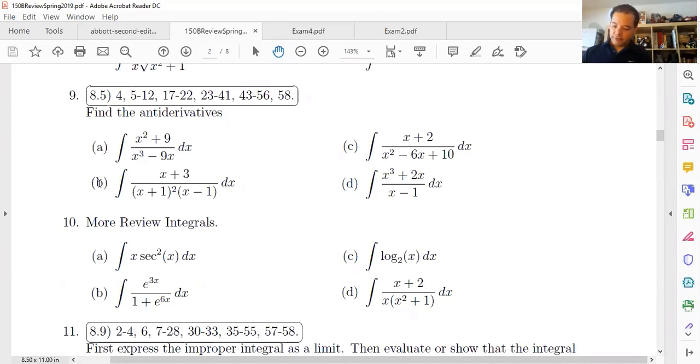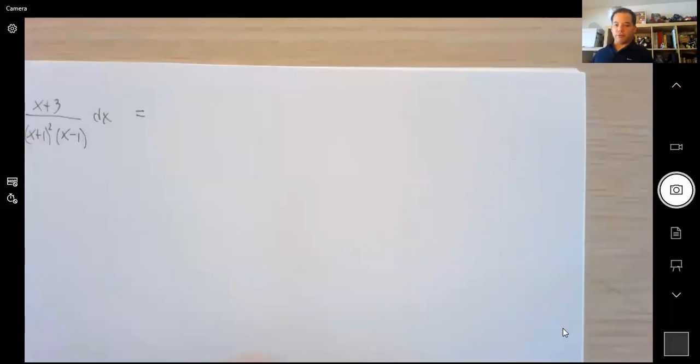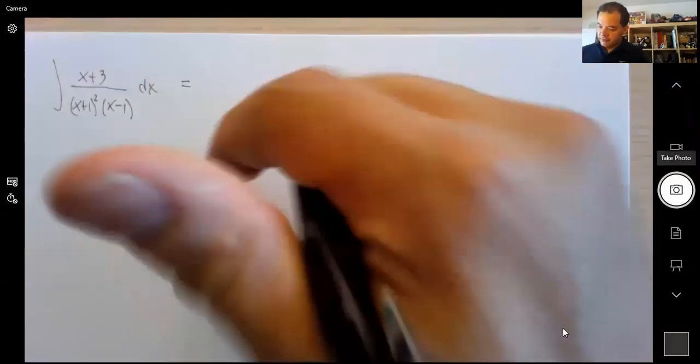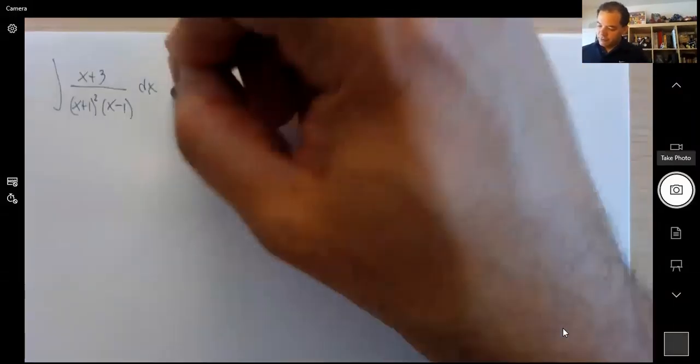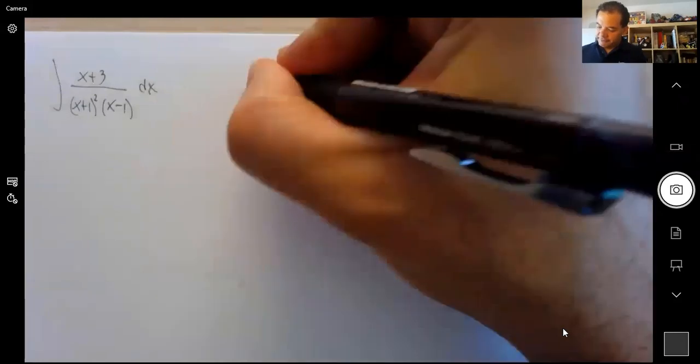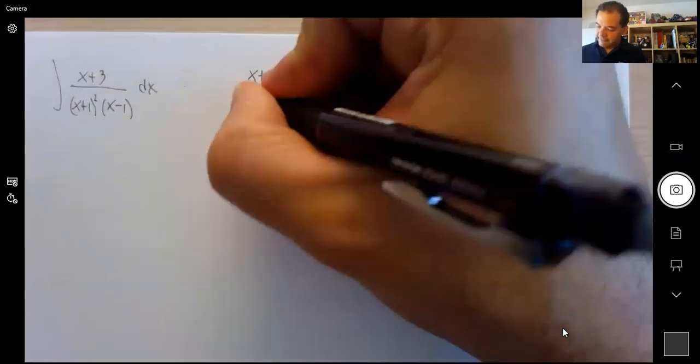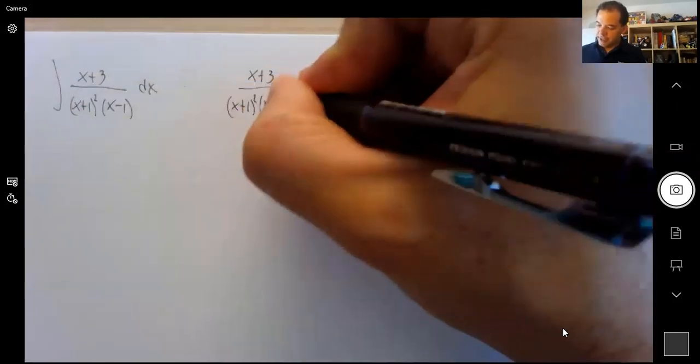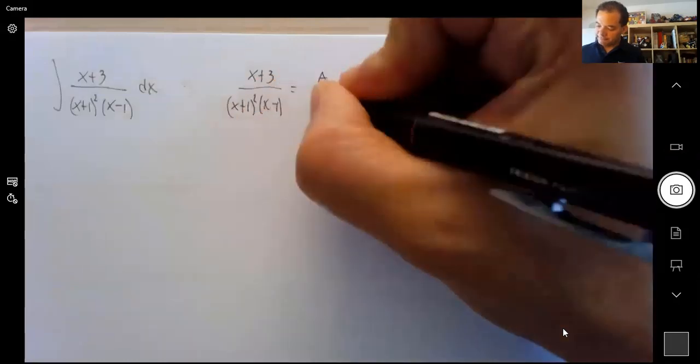So we have the integral of x plus 3 divided by (x plus 1) squared times (x minus 1). The degrees are fine. And now what you want to do is write this as a over x minus 1.